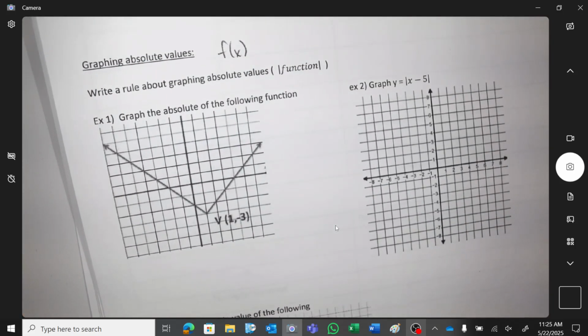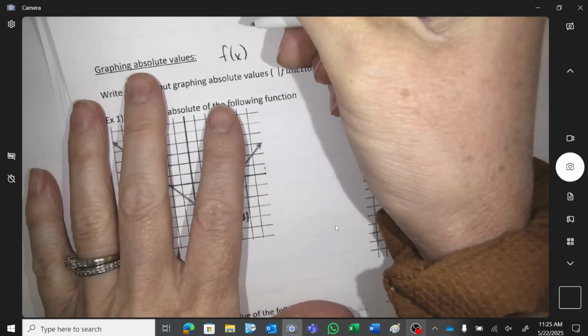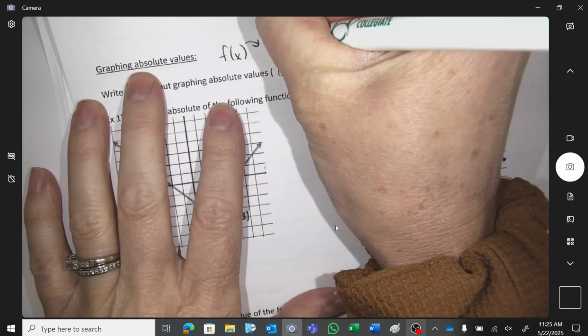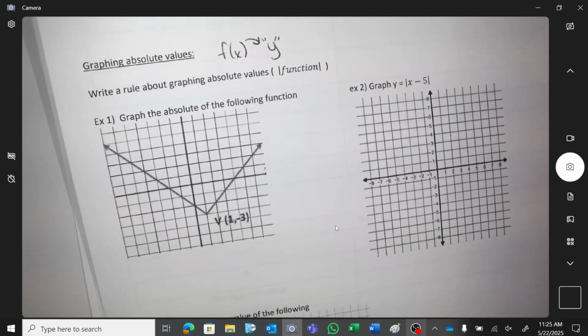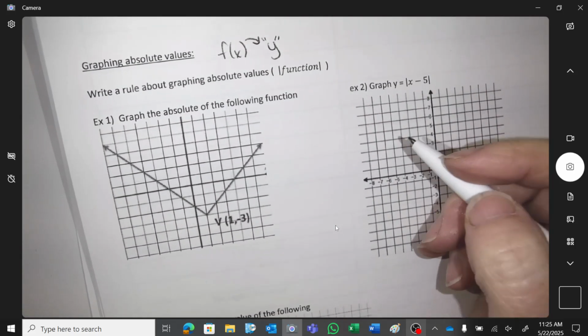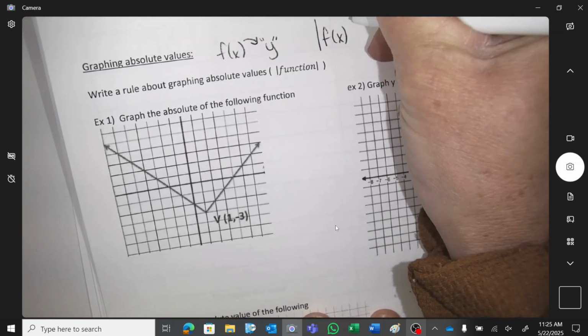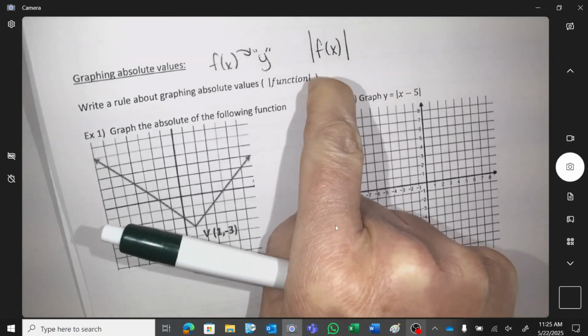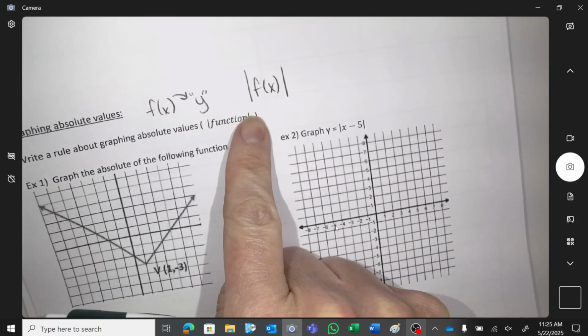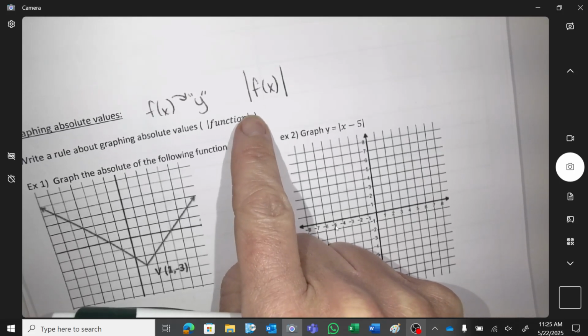When you see functions, you sometimes see things written as f of x. Okay, that is basically a fancy way to say y equals. So if I do this, it means to absolute value y.